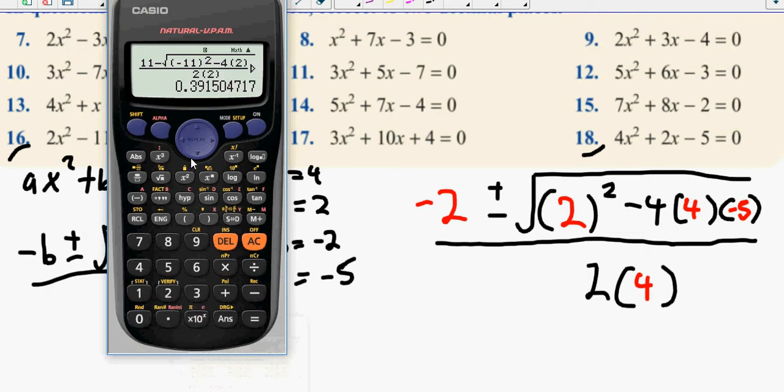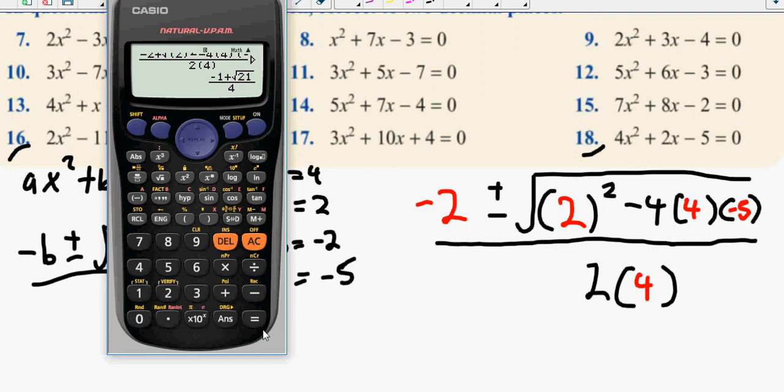So then we go through this again, press the fraction button first, minus 2, go for plus. Please make sure you have a bracket sorted. 2 squared minus 4, bracket minus 5, all over 2 times 4, close it there.